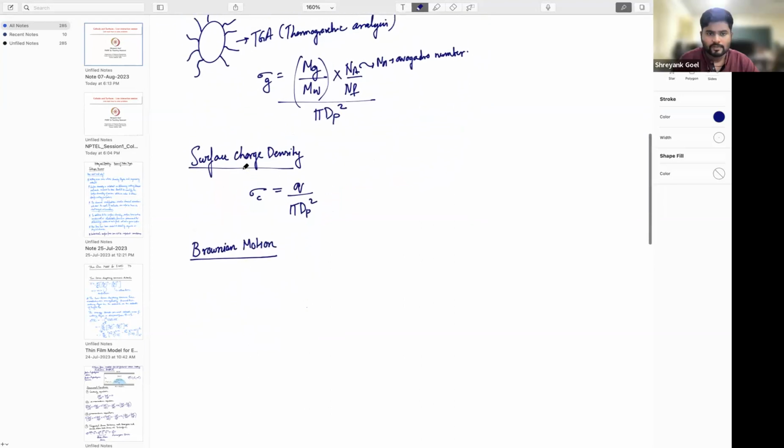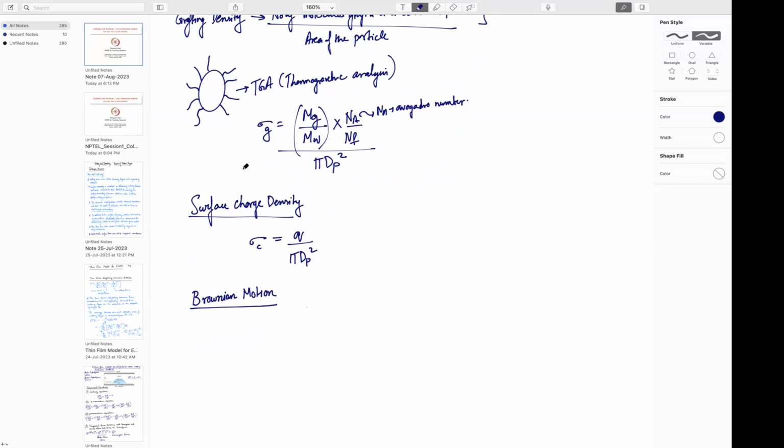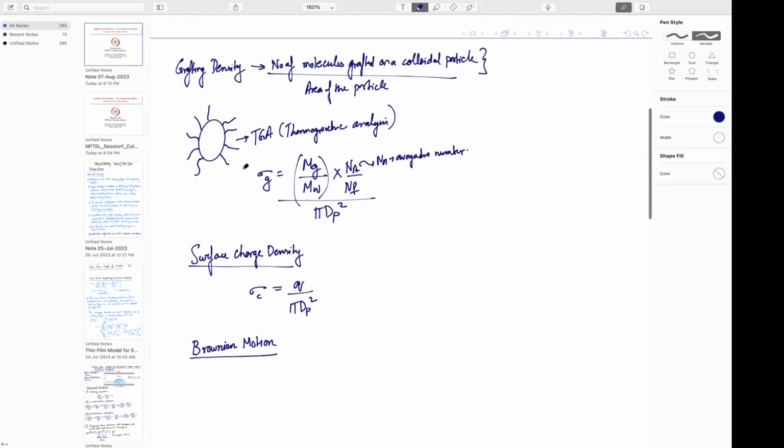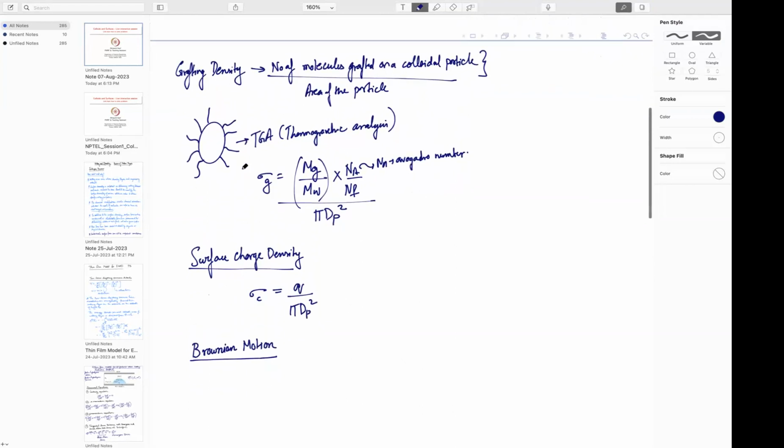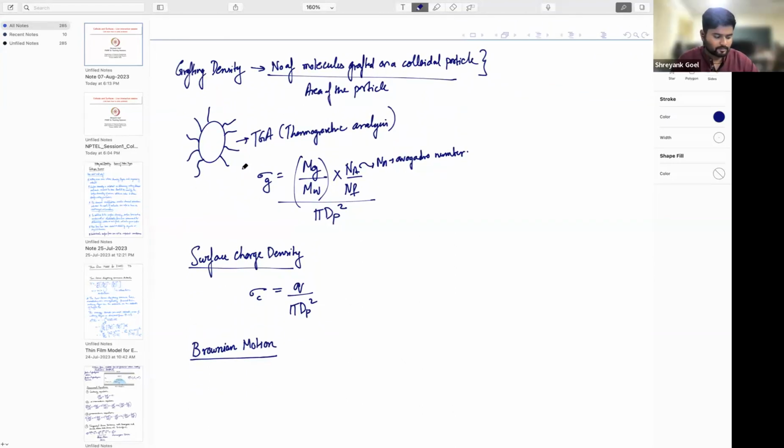Okay, but is there any doubt in what we have discussed? Sir, the grafting density part was already covered in the week one lecture, no, sir? Yes, that is in the week 1 lecture. It's just a bit of revision.